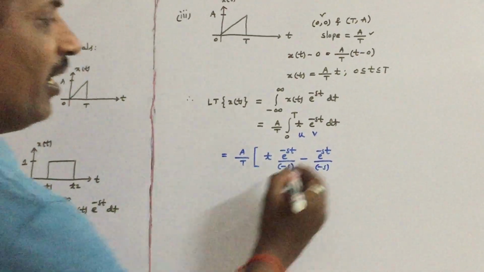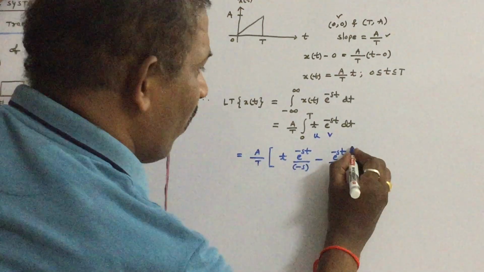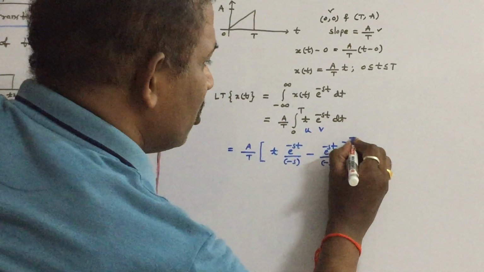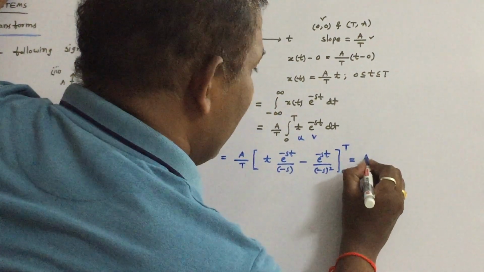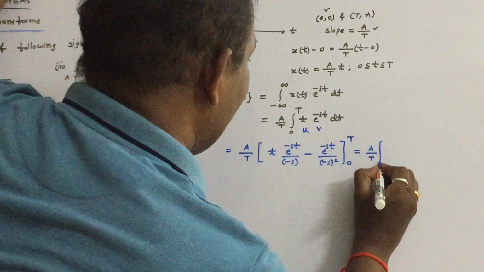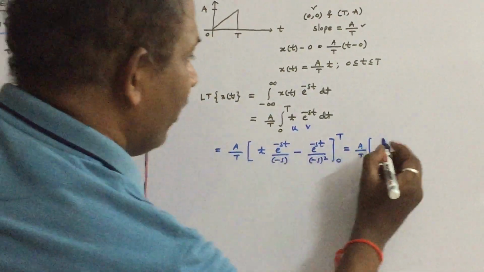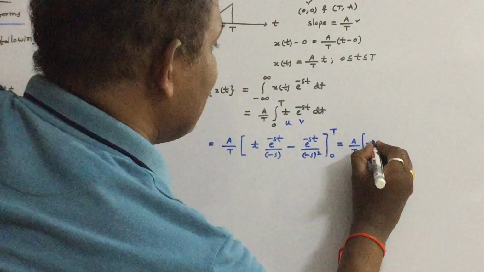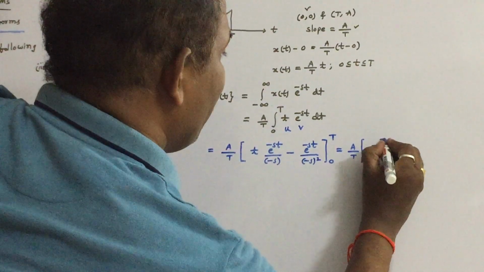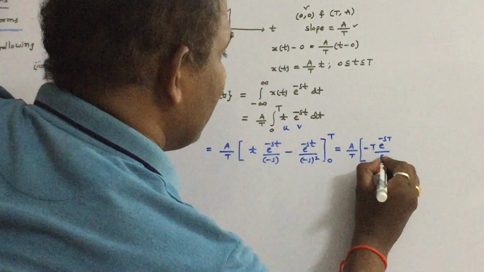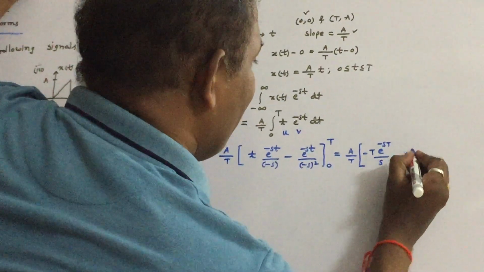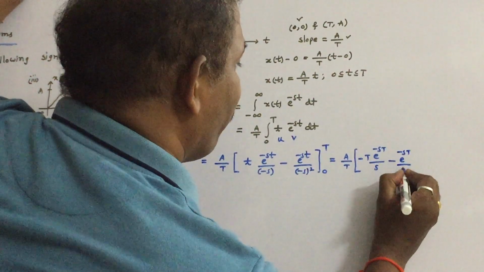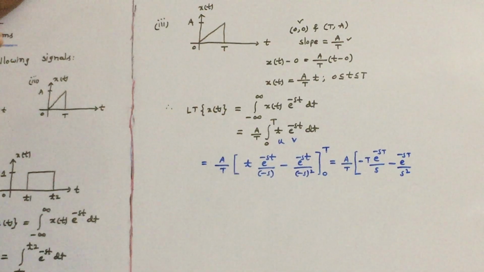If you again integrate, e power minus st by minus s whole square, substitute the limits 0 to T. So if you substitute the upper limit, it will become minus capital T into e power minus sT by s, minus e power minus sT by s square.